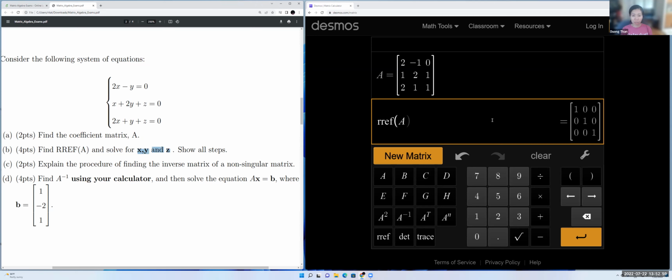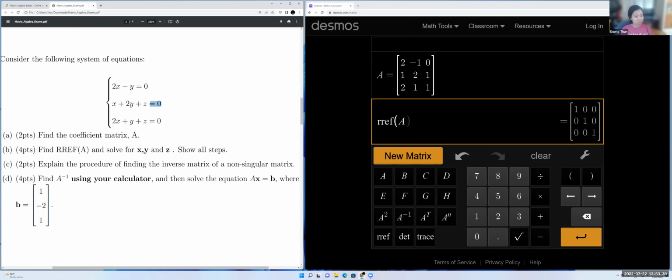So if you look at the reduced row echelon form of A, you can read the solutions of this system using it. And more particularly, you can see that since all the values on the right side of all the equations here are zeros, which means the constant vector of this system is 0, then this is a homogeneous system.